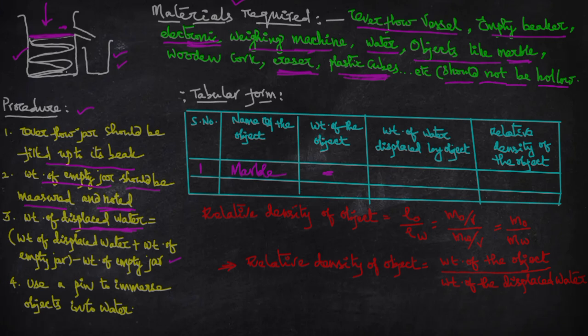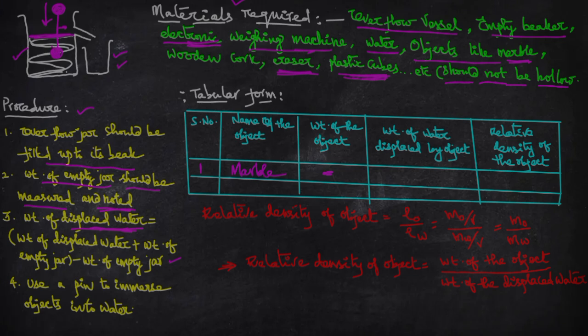Care should be taken when the object is dropped so that the water should not splash out. When the object, say the marble, is dropped here, the water will be displaced.